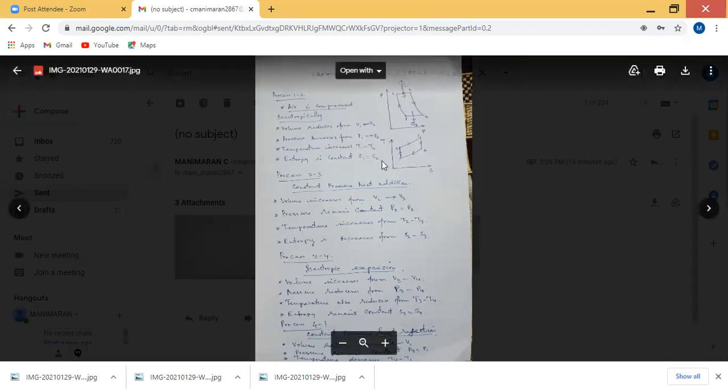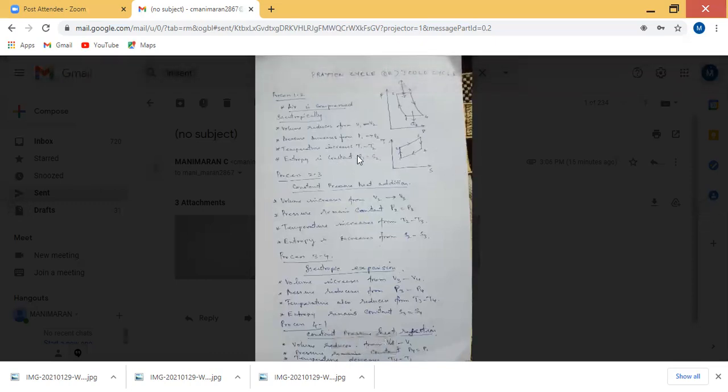From the TS diagram, we can see that the temperature increases from T1 to T2. As it is an isentropic process, the entropy is constant, that is S1 is equal to S2.